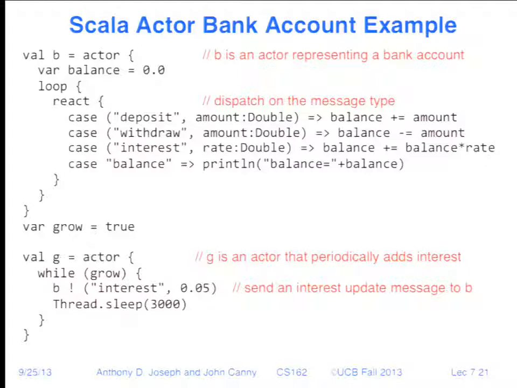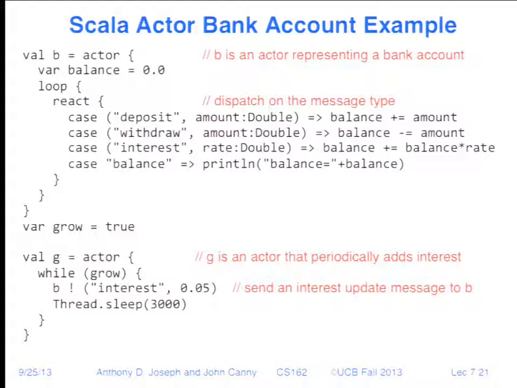So here's an actor that implements a bank account that allows you to do deposits, withdrawals, calculating interest, and computing a balance. It has a single internal variable, and you send messages to it to cause these things to happen.